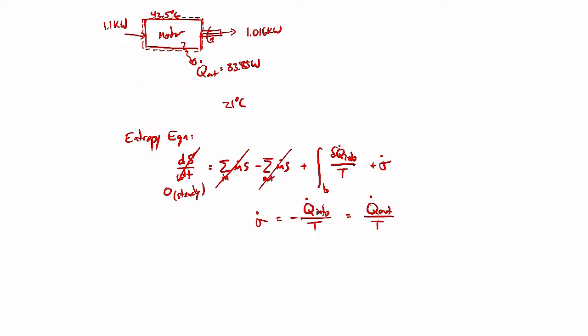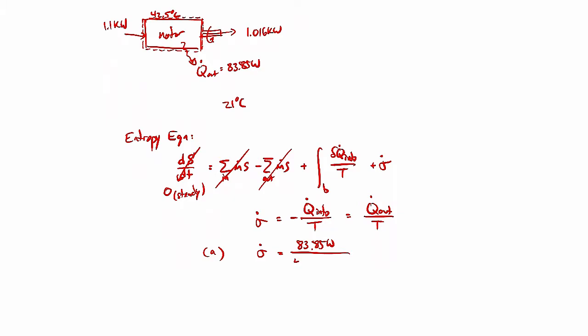Okay, so we'll substitute in the values for part A. So this is part A. The heat transfer out is 83.85 watts. And then the temperature where that is occurring, recall again, for this particular system or control volume, the temperature is 42.5 degrees Celsius right at the place where the heat transfer is occurring.